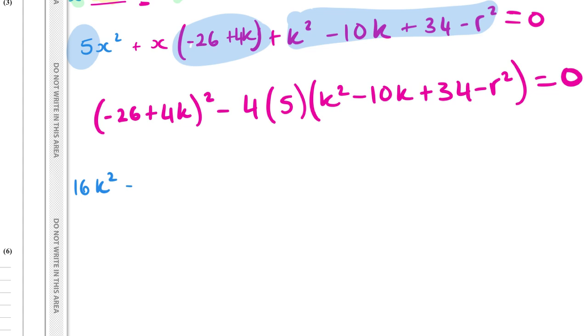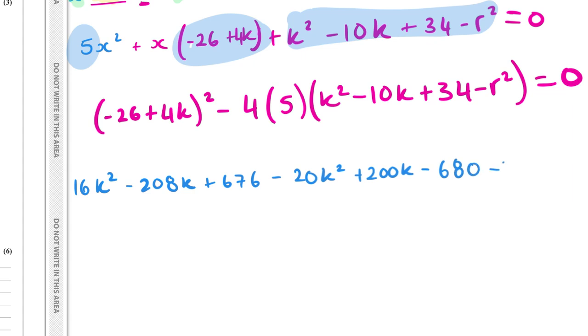Oh God, no, wait there. 4 times negative 26 times 2, minus 208k. And then what's 26 squared? Plus 676. Okay, minus 20k squared minus 200k plus 200k minus 680 plus 20r squared equals 0.